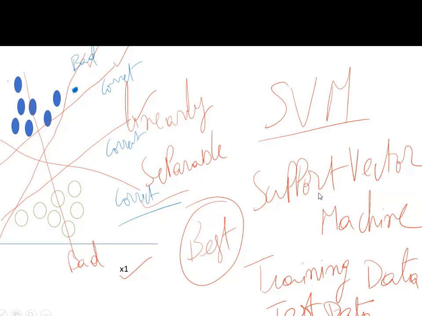SVM, support vector machine. Let me just give you an idea of how we calculate this.